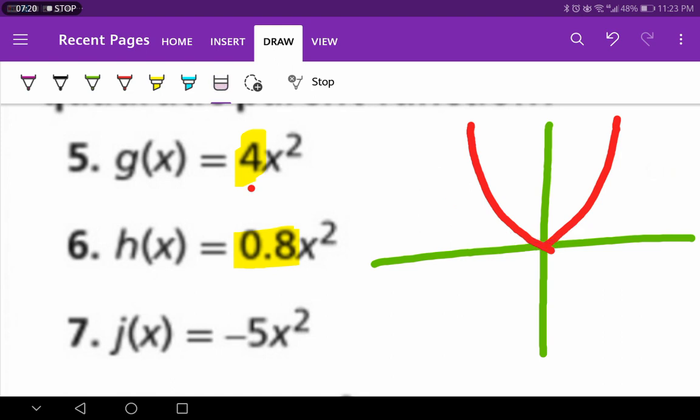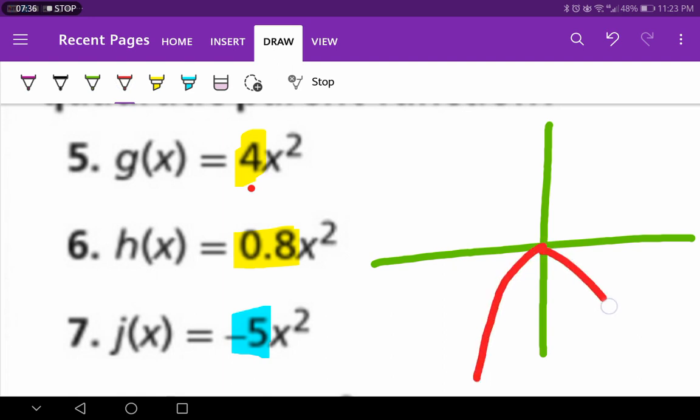Now what about j(x) here? It is negative. Be careful. With a negative, directly you have to flip. I will flip the parent first. This is the parent, and it is 5, so it will be narrow, like this.